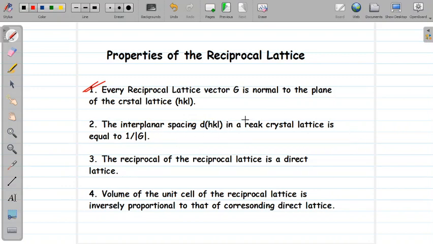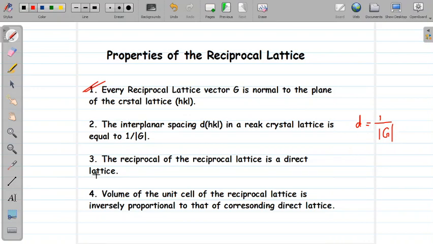So obviously the inverse relation will also exist. In order to find the interplanar spacing in the real crystal, all we need to do is take 1 by mod G. The 2 pi factor also needs to be multiplied in some cases, but anyway, this correlation exists.